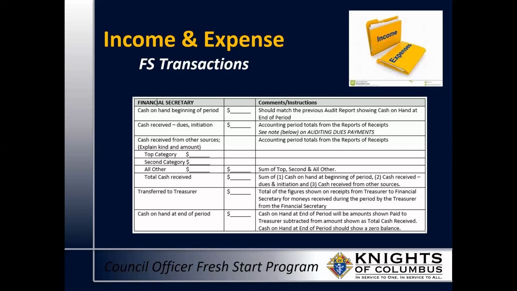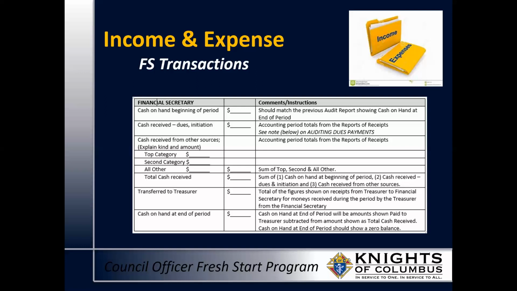Then you can make that your top category and put the money that you've received for that particular function on the top line. The second line would be the next highest amount you raised. And then all the other money you have, excluding the dues and initiations in those first 2 lines, all the rest of that money goes in there. And that would come down to the total cash received for that period.